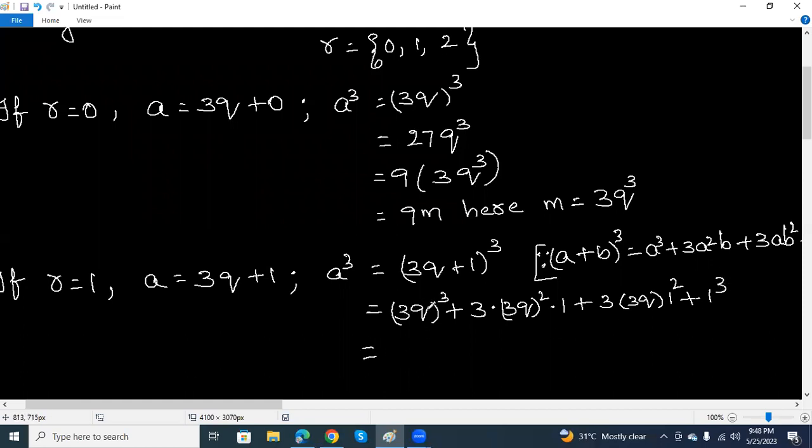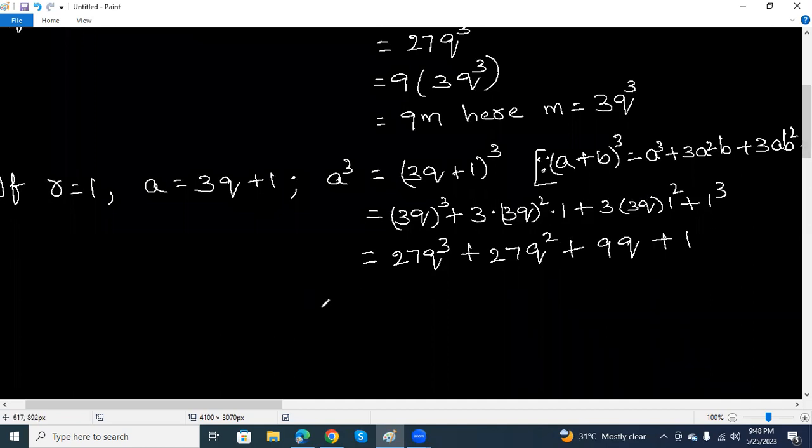So 3 threes are 9, 9 threes are 27, that is 27 q cube, plus 3 square is 9, 9 threes are 27, 27 q square, plus 3 threes are 9, 1 square is 1, so 9q, plus 1 cube is 1 only. So always our common factor should be 9 only.